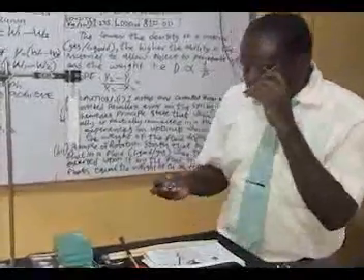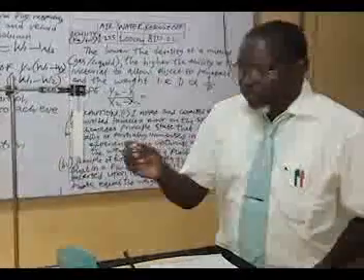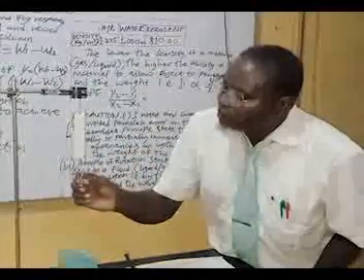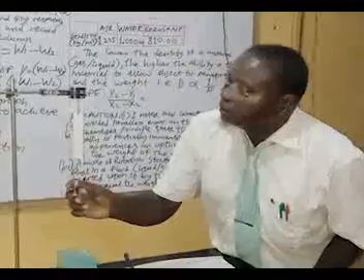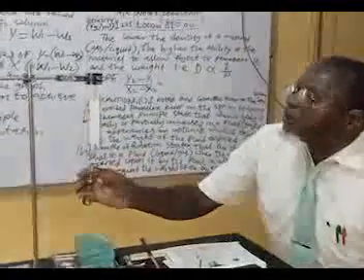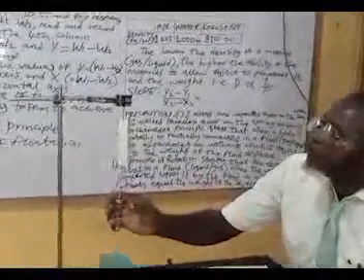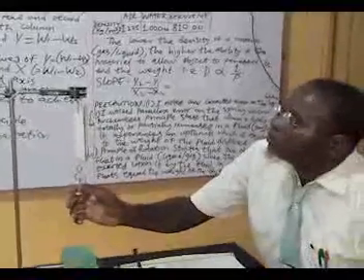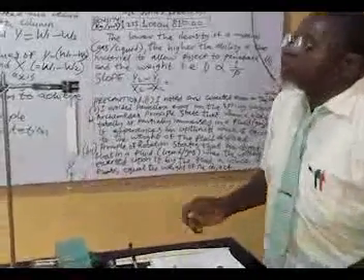We are going to use this hanger. The mass of this hanger is 0.1 Newton.